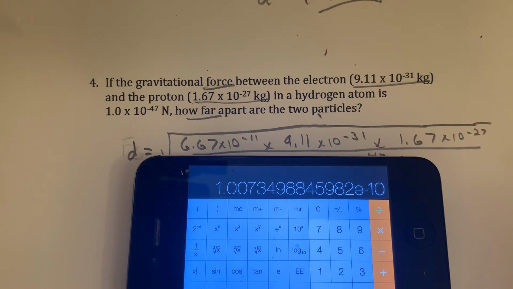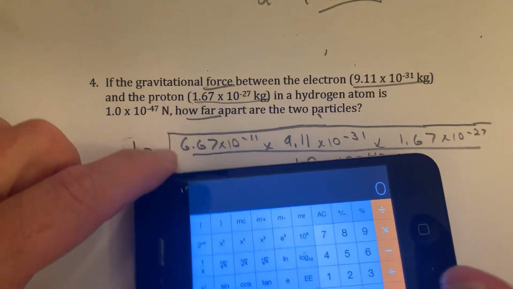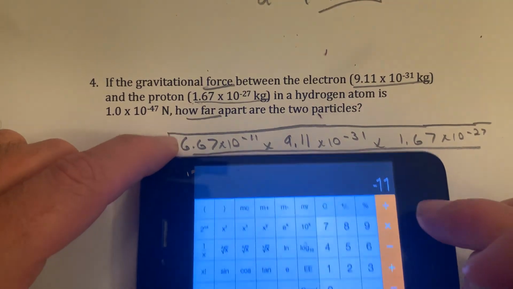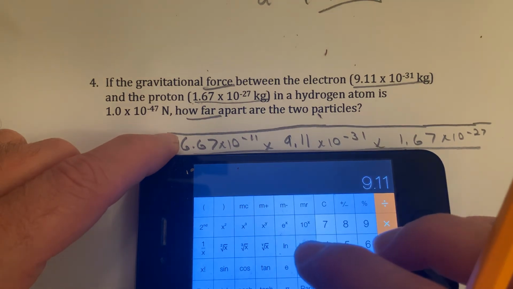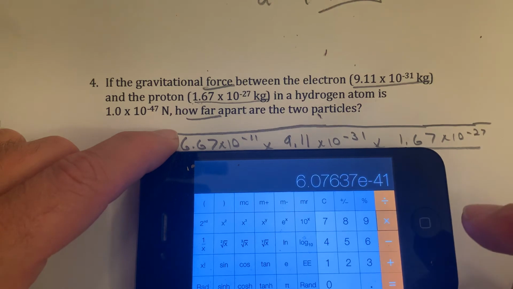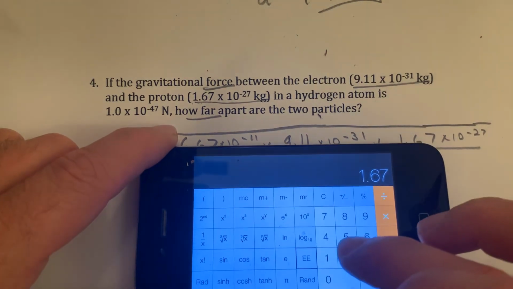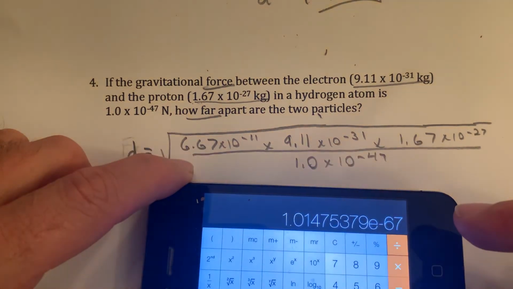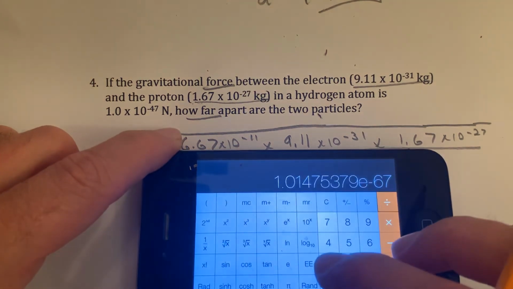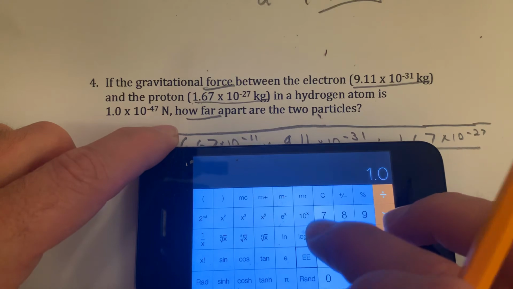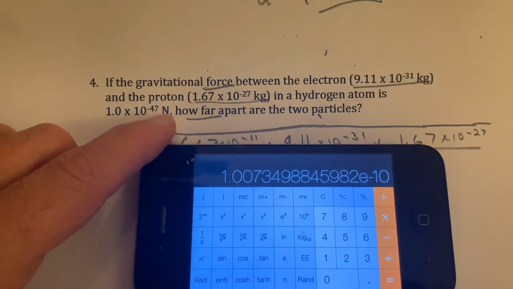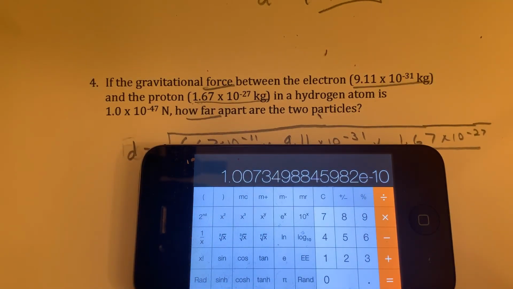Something doesn't look right. So I'm going to redo it again. I must have missed the number somewhere. Well, if you get the number the same twice, that's probably the right answer.